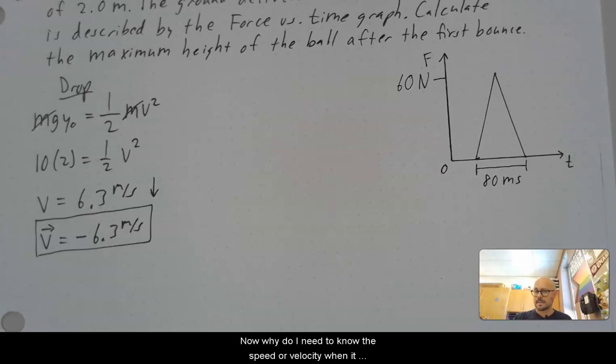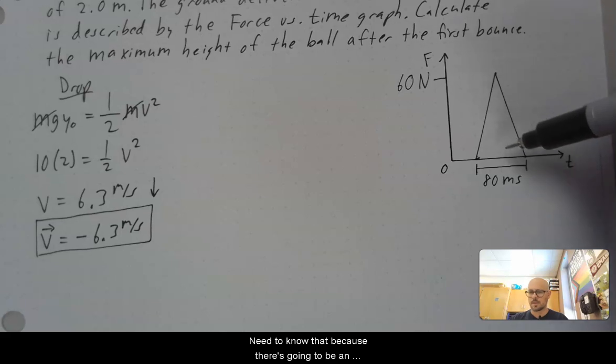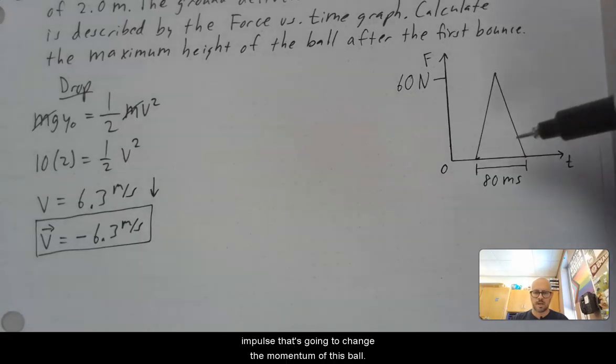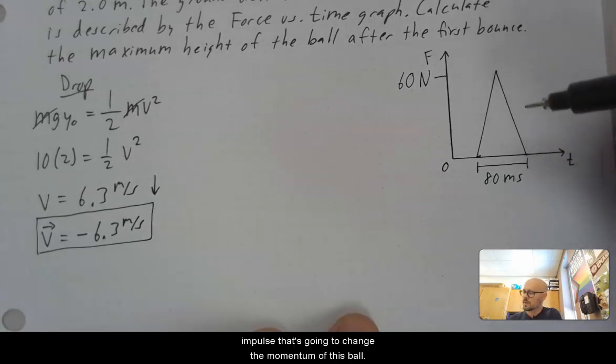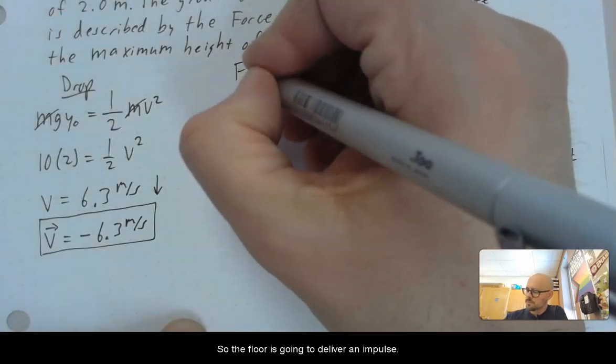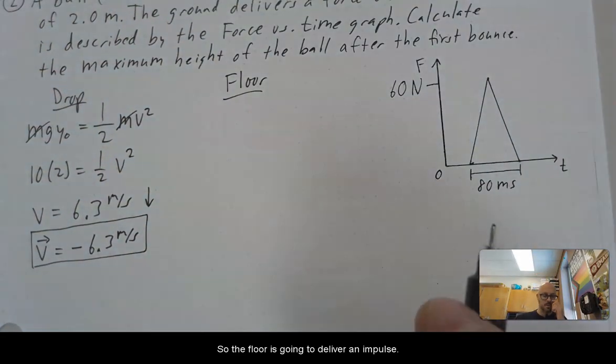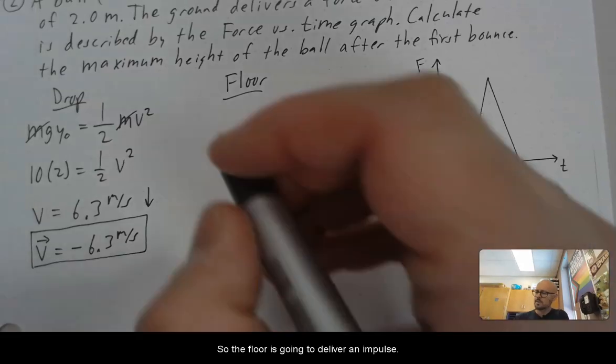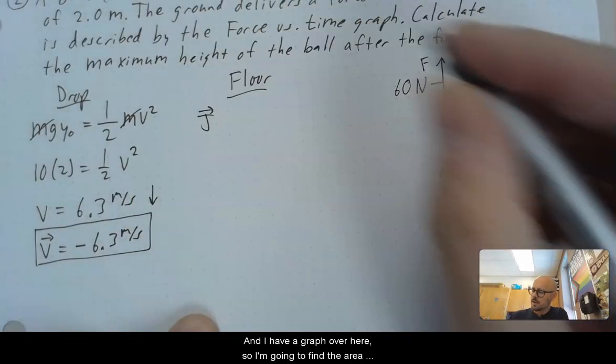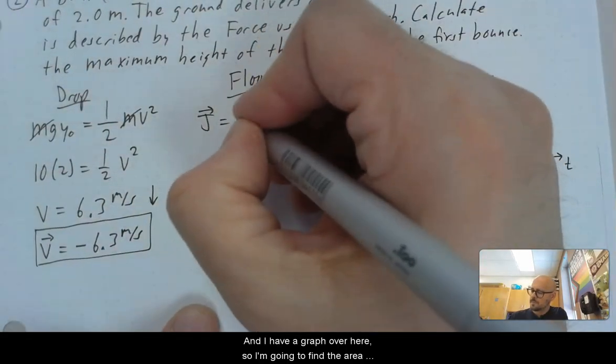Now, why do I need to know the speed or velocity when it hits the floor? I need to know that because there's going to be an impulse that's going to change the momentum of this ball. So the floor is going to deliver an impulse, and I have a graph over here.